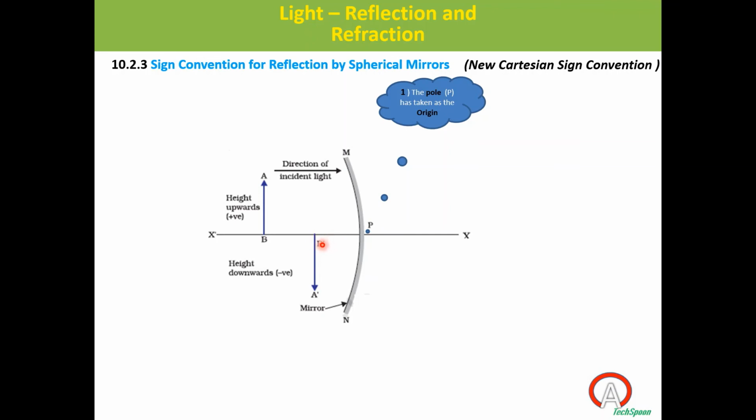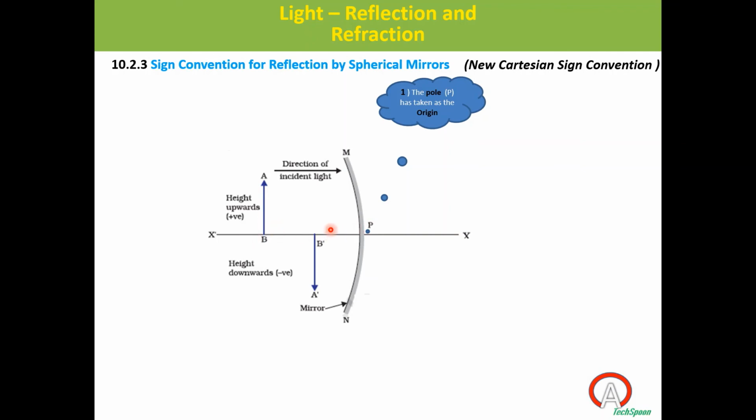Similarly, focal length we know. What do you mean by focal length, Abhijit? Distance between the pole and the center of curvature is the radius of curvature.